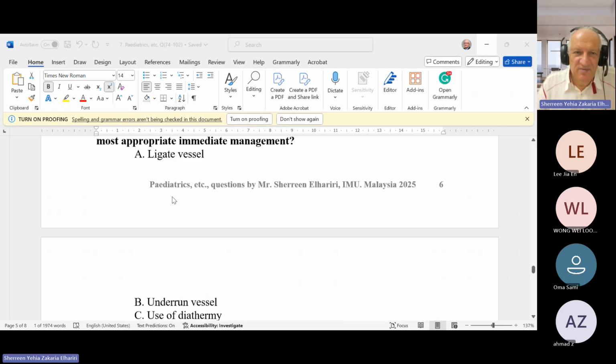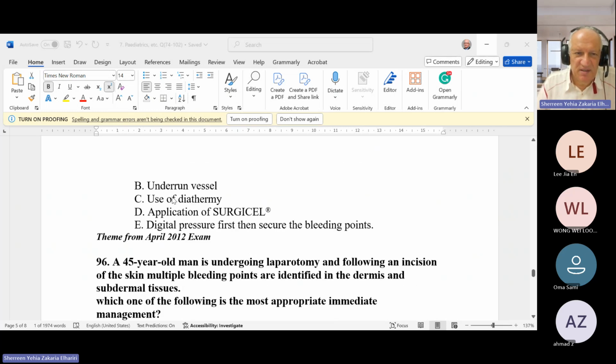In this situation, if you don't find a specific spurter or artery or small vessels, it is better to use digital compression. After that, secure the bleeding point. You can use diathermy, you can use an underrunning suture, whatever.